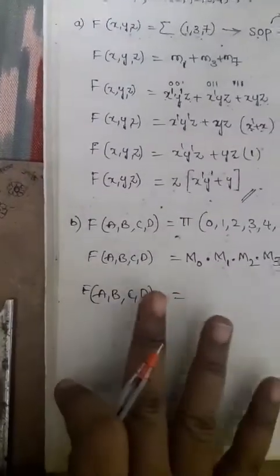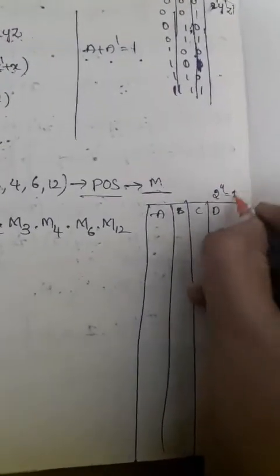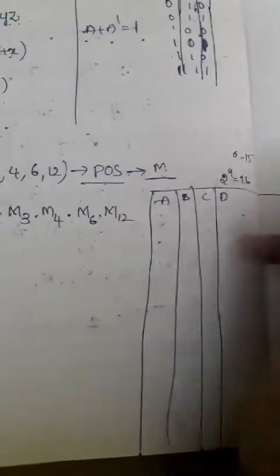How to write the binary numbers? Based on the variables we take the truth table, right? For 4 variables A, B, C and D, how many possibilities are we getting? Totally 16 possibilities, that is 0 to 15.